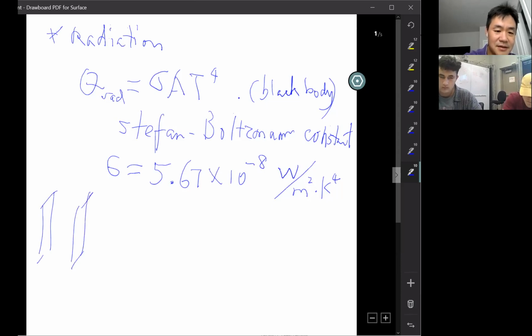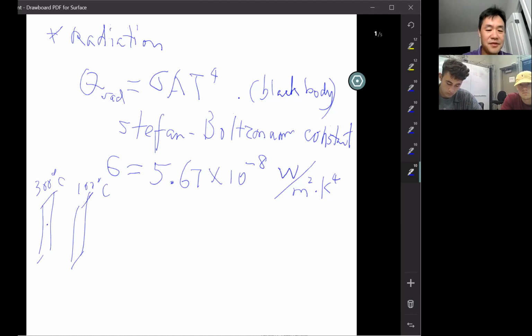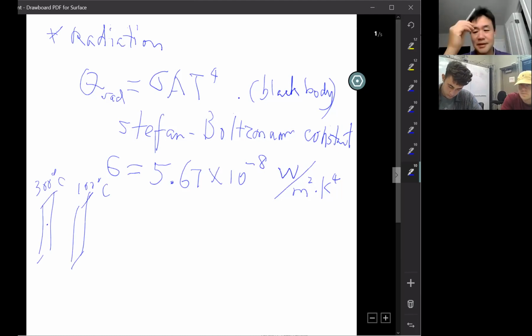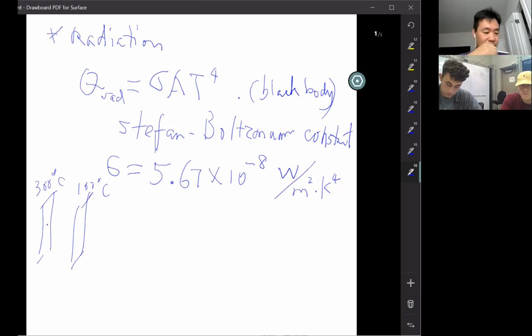This one is 300 degrees C, this one is 100 degrees C. From each surface you radiate heat out, right? From 300 to 100. But the other surface also radiates heat out, so you receive some heat from the other surface.